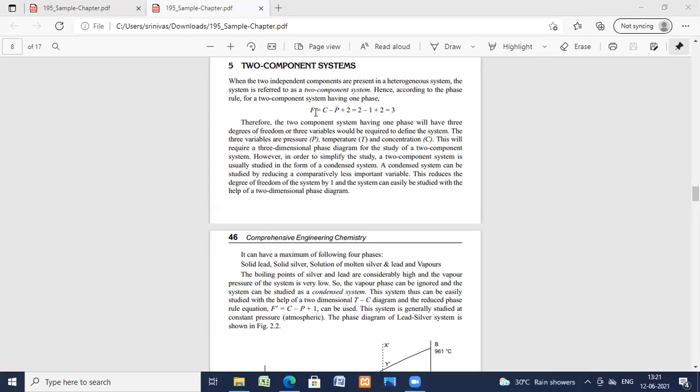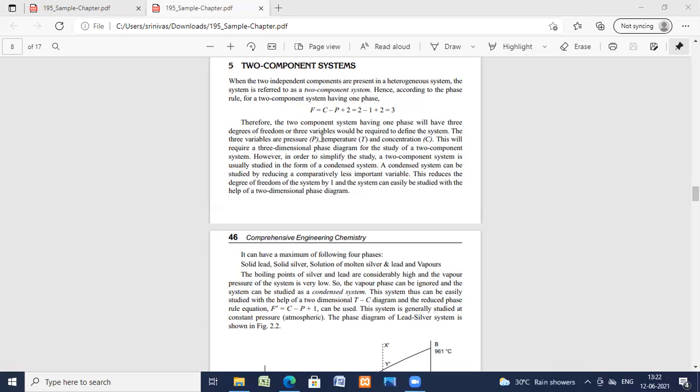F is equal to C minus P plus 2, which is 2 minus 1 plus 2, equal to 3. A two component system having one phase will have 3 degrees of freedom, or 3 variables would be required to define the system.